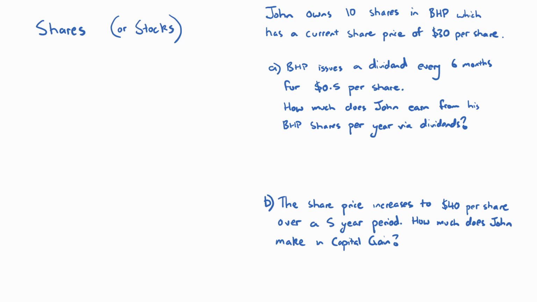Okay, so when you buy shares in, let's say, BHP, the big mining company, you now own a small fraction of that company. And there are two ways to make a return on that investment, either via dividends or the increase in share price.